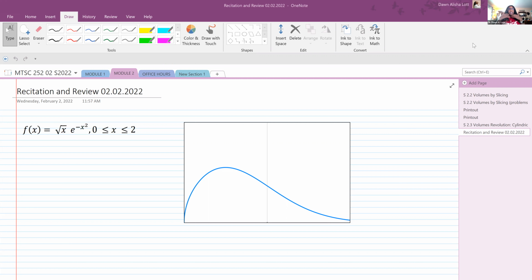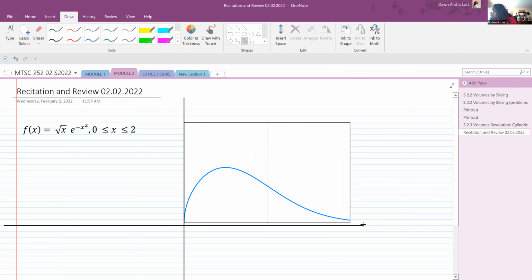So I want to do the same thing with this function right now. For the first problem, this is the graph of the function f of x equals the square root of e to the minus x squared between x equals 0 and x equals 2. So if I just go ahead and draw something like this, that just gives it an axis.